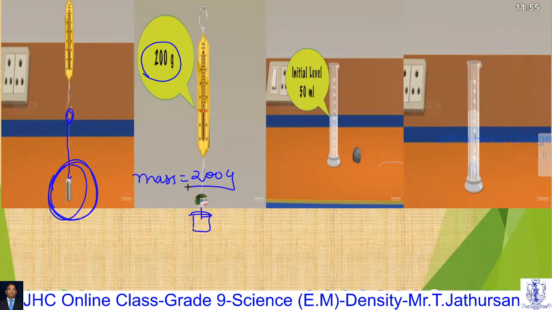Then now we have to find out the volume of the iron rod.